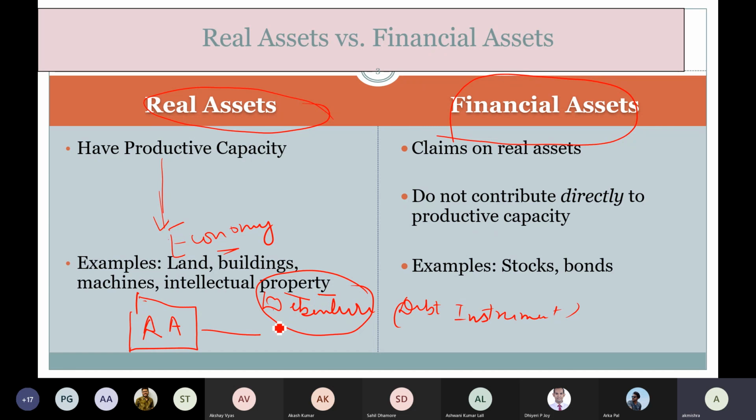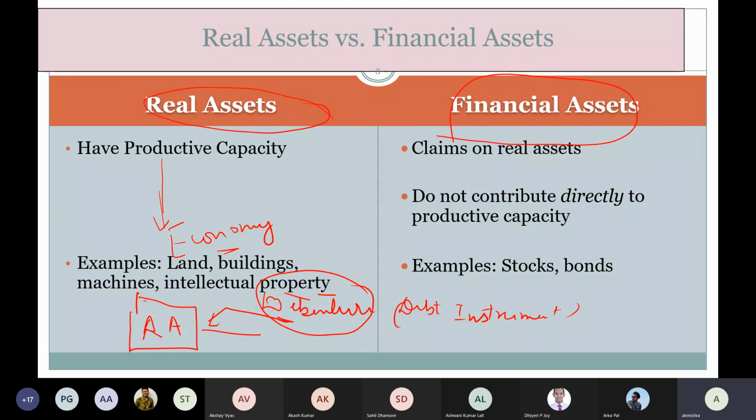The person who has taken this bond or this debenture will get a claim on these real assets. He is not the owner of the asset. What he has done is he has only purchased a bond, or he has only purchased, let's say, a stock. But by purchasing the financial asset issued by the company that has real assets, a claim is shared among the owners of the financial asset.